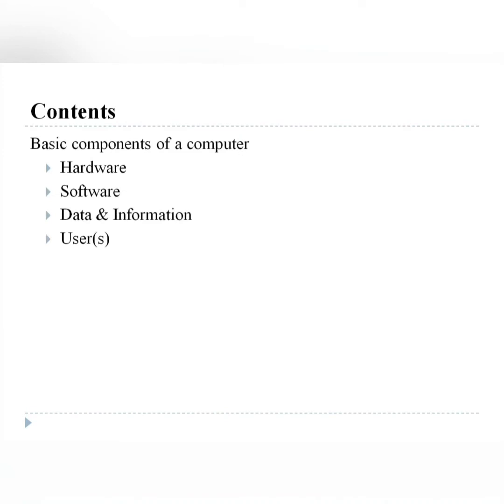Let me start this session with the definition of a computer. As you already know, a computer is an electronic machine which takes data as an input, processes this data, and produces information as an output.